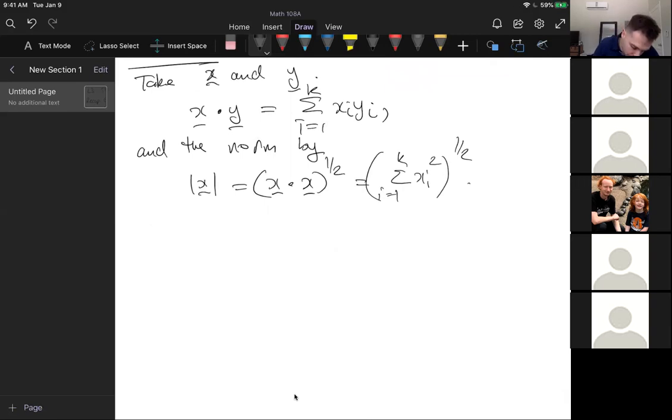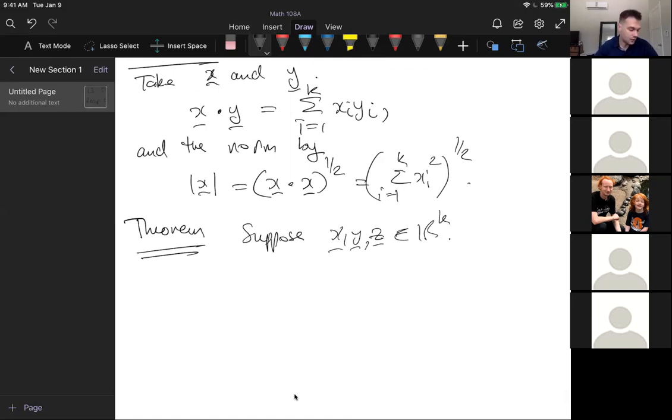And then there is one theorem, again, outlining all the properties of this space with its norm. So I'll write this out. Suppose I have three vectors in Rk, and I take a scalar.